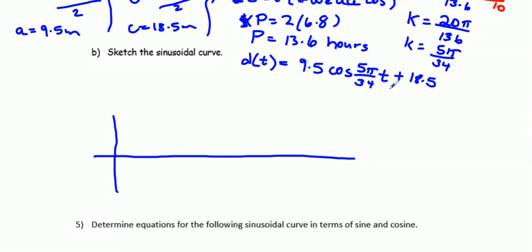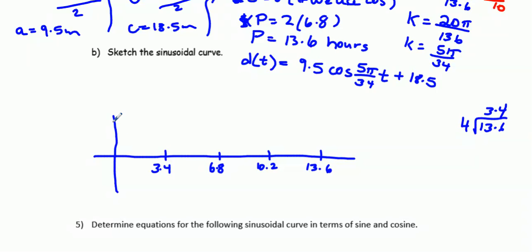A quarter of that is 3.4. So I'm going to break it into 1, 2, 3, 4. There's 3.4. Double that, 6.8, add on another 3.4, and that's going to be 10.2, and 3.4 is 13.6.